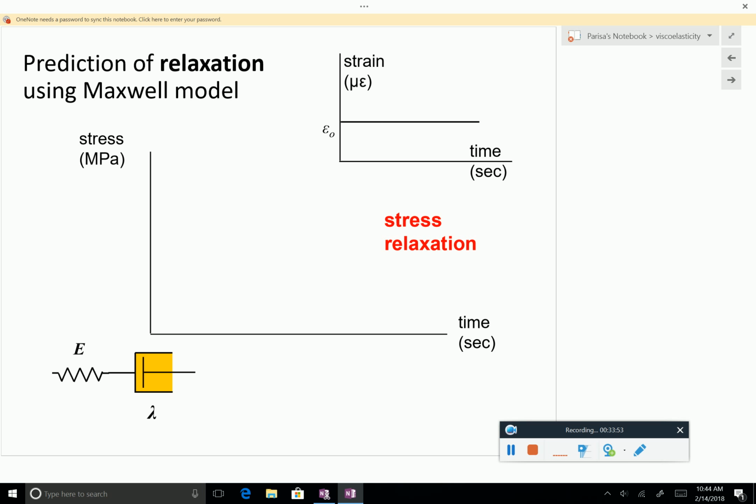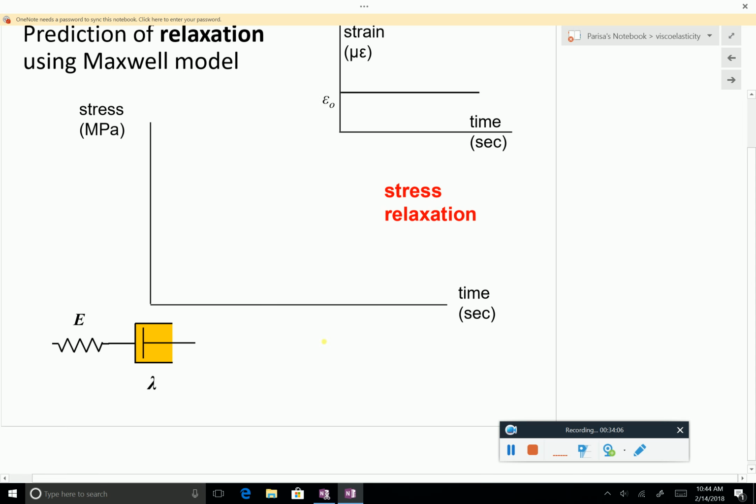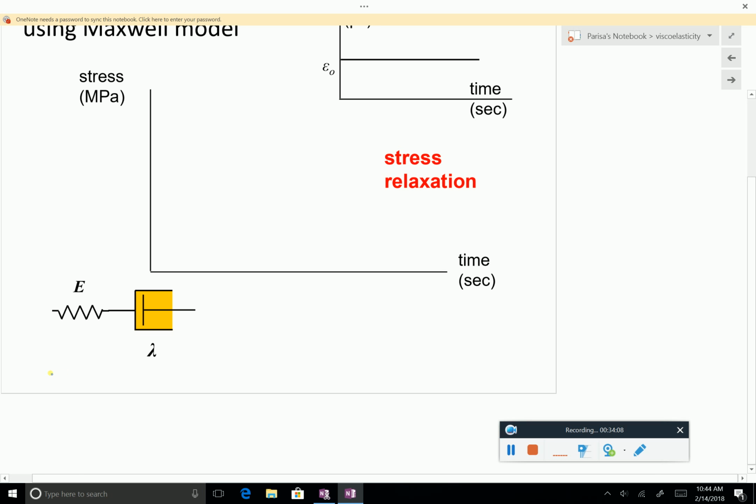Again, the Maxwell model is in series. It is a combination of a spring and a dashpot. So we start from the spring. For the spring alone, we have epsilon equal to sigma over E. For the dashpot, we cannot write something for epsilon.